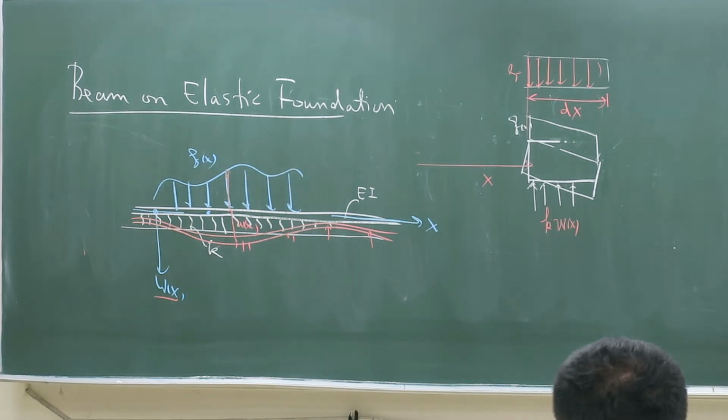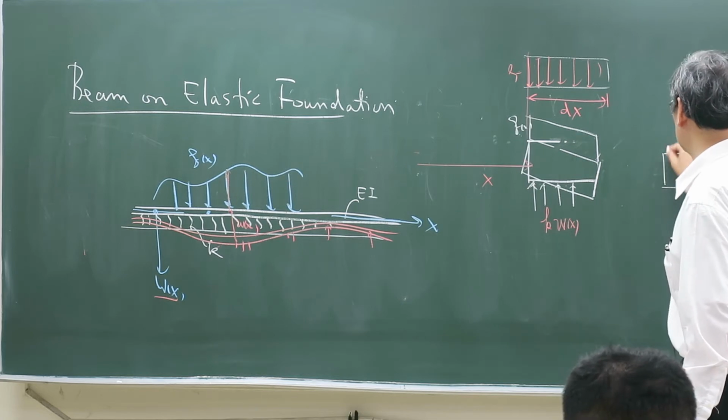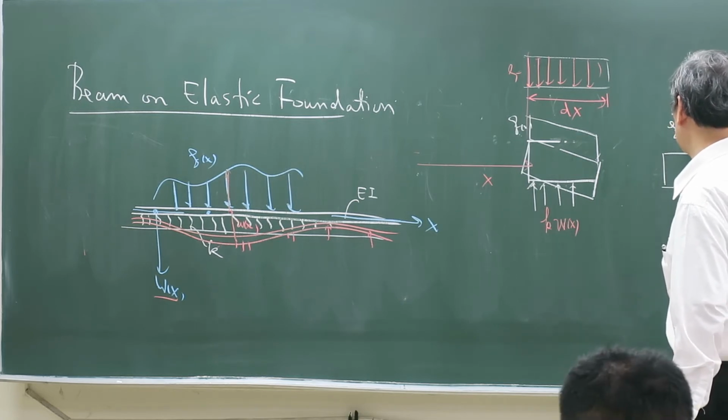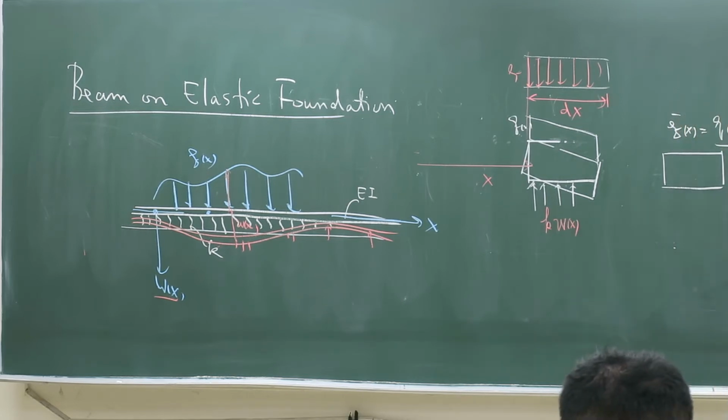Okay. So it's equivalent to a beam with a q bar(x) equal to q(x) subtract Kw, right? And this reaction force depends on how much deflection you got. The more w, the more reaction force upward. Okay, so you can see this is kind of a net loading on the beam with q bar(x) and with EI.